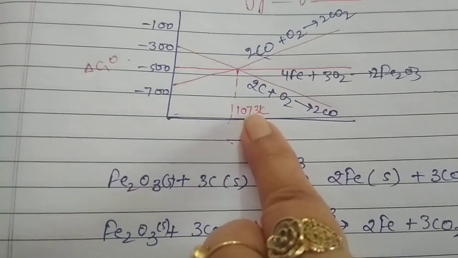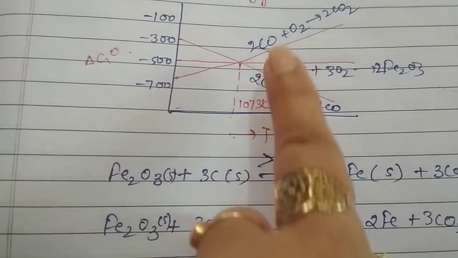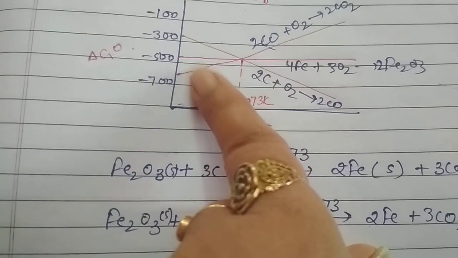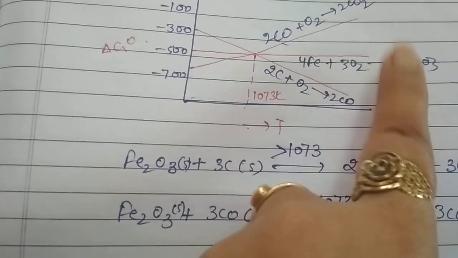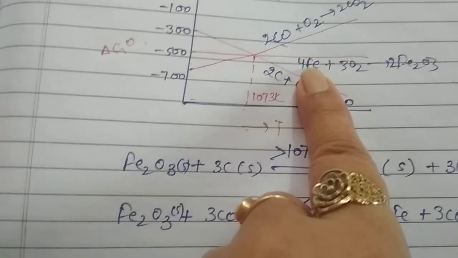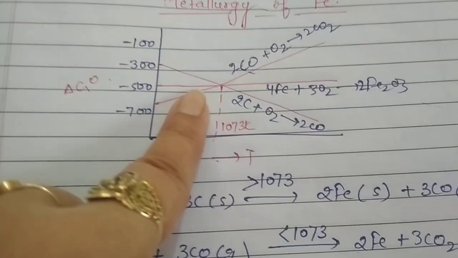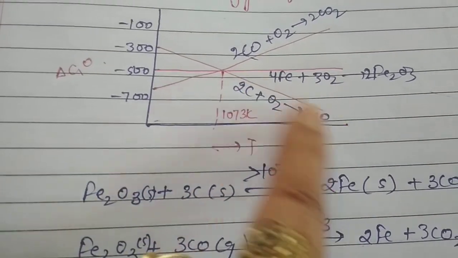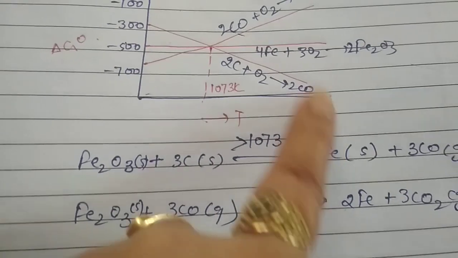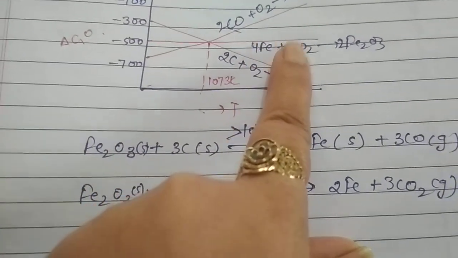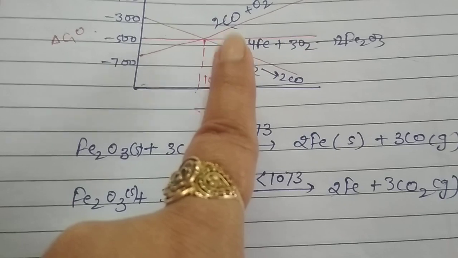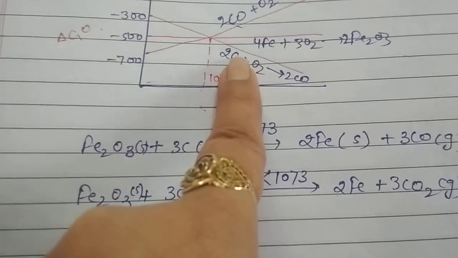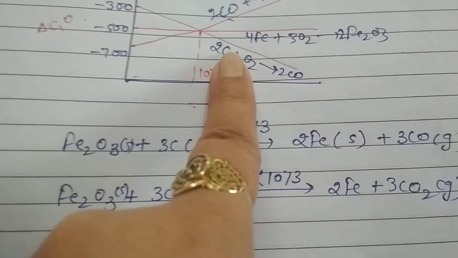That's why below 1073 Kelvin, carbon monoxide must be a suitable reducing agent for the iron oxide reduction to iron. While as we are able to see after 1073 Kelvin, now the graph of carbon to carbon monoxide is lower than that of iron to iron oxide. It means now above 1073 Kelvin, we must take carbon as a suitable reducing agent.